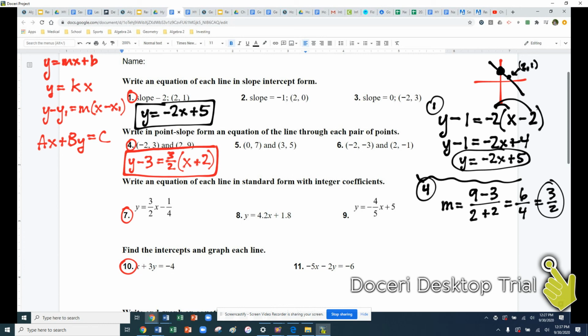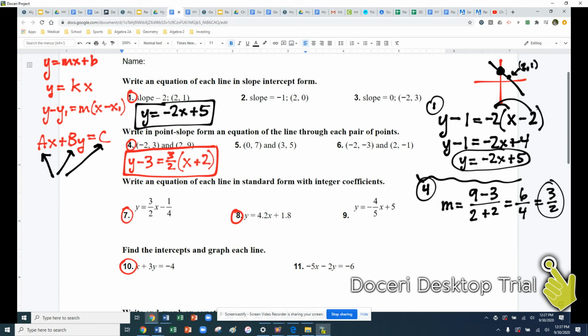All right, we'll finish up talking about standard. I'm actually going to throw in, we'll do number 8 because that one's pretty easy to do too. Standard form. Putting an equation into standard form, the big thing that you'll notice is x and y are now both going to be on the same side of the equal sign. And then a, b, and c have to be specific numbers.